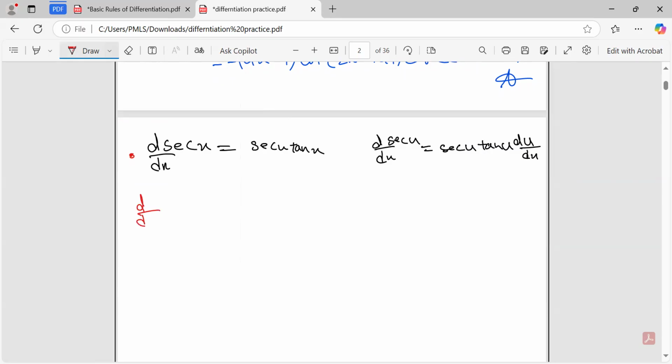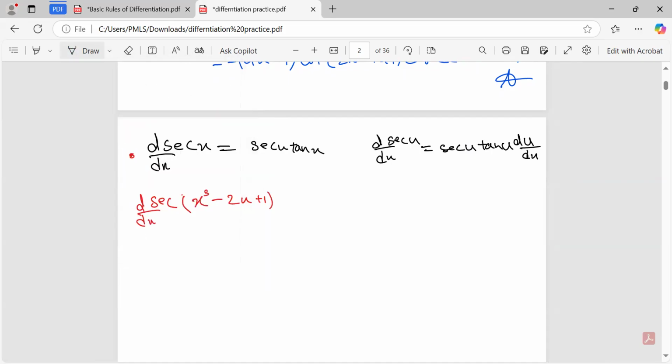For example, if you need to take the derivative of secant of x cube minus 2x plus 1, what will be the answer of this one? Now in this case, see that this is other than x, it is a function composition.